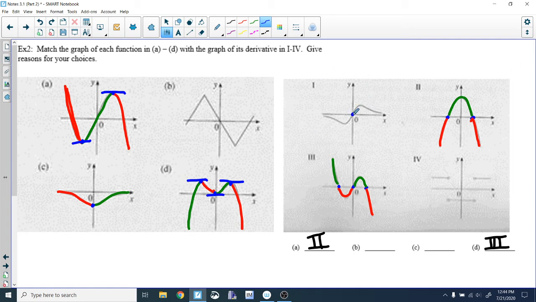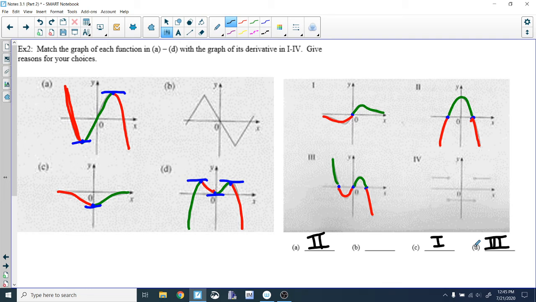That makes sense, right? There's that 0 point. Derivative is 0 because we have a horizontal tangent right here. We have a section that is below the x-axis before x equals 0, and then a section that is above the x-axis after x equals 0. So those match nicely. Graph C goes with derivative graph 1.